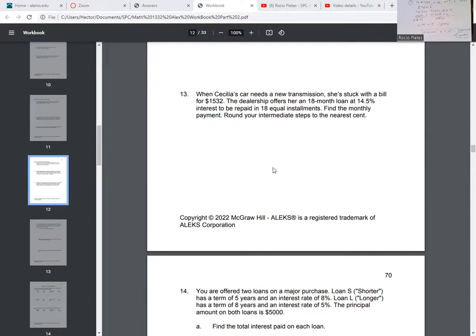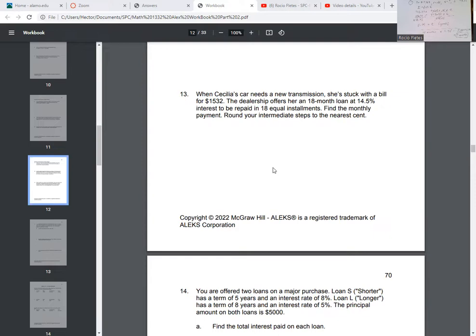We're going to figure out the interest that she's going to pay, and then add that to the principal so that we have the complete amount she needs to pay back to the dealership. Once we have the complete amount, we divide it by 18 to see how much the payments are going to be, right?